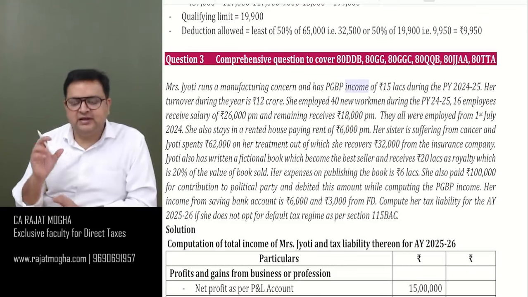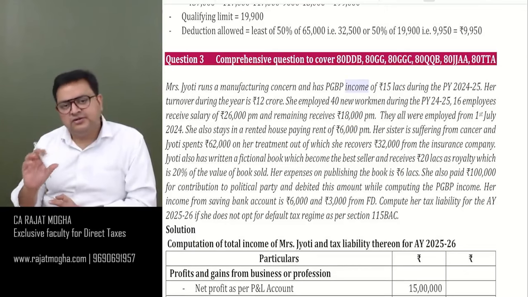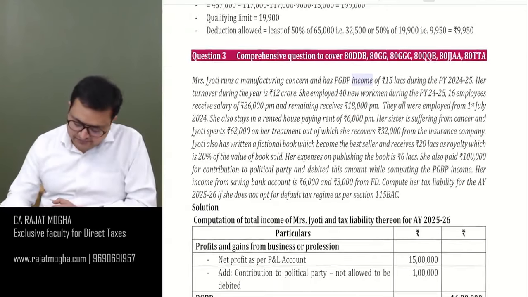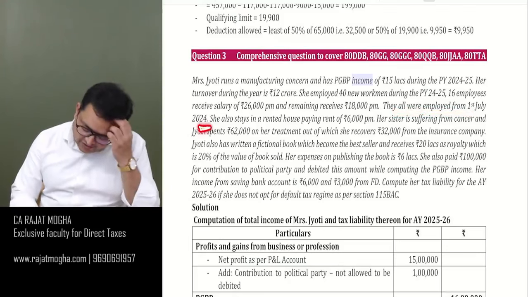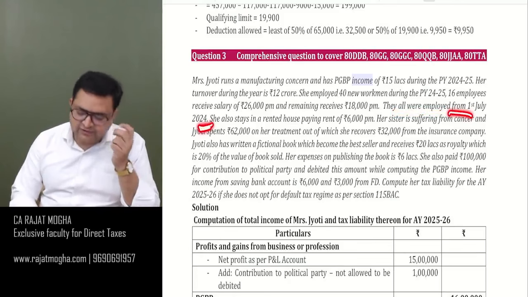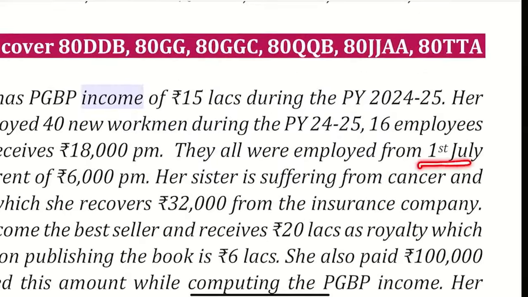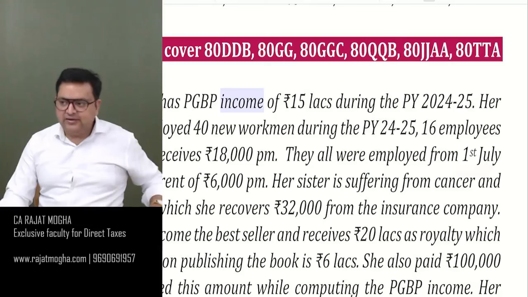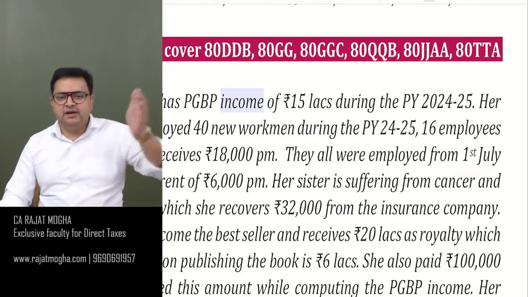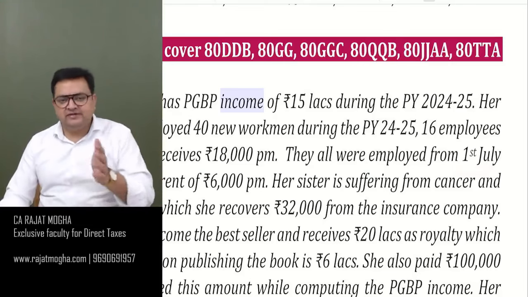Now let us see how much wages we have given to them in this year. Whatever wages we have given, we will take 30%. They all were employed from 1st July 2024. It means we have not given them salary in April, May, June. It is from July onwards, that is 9 months.